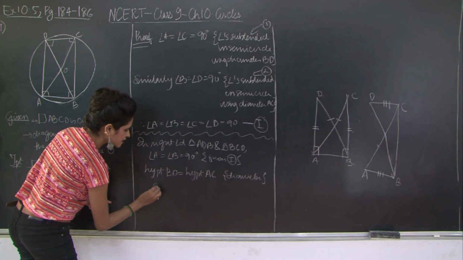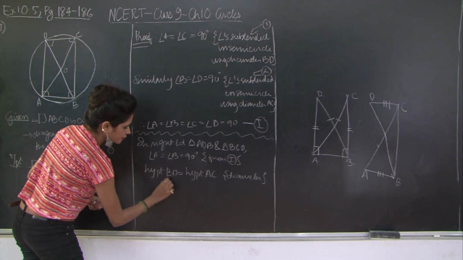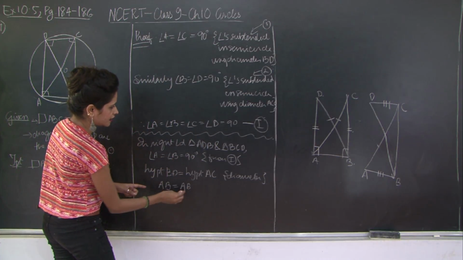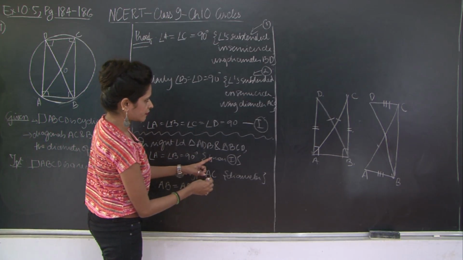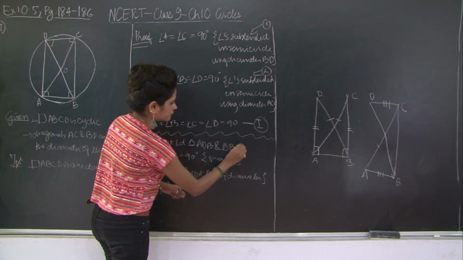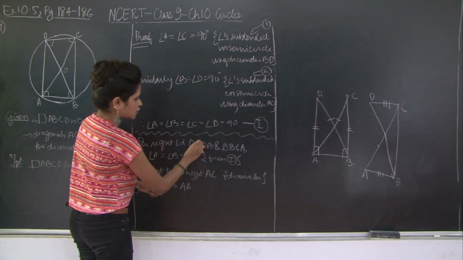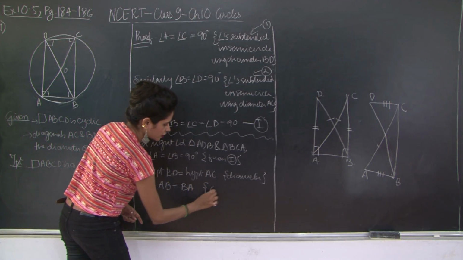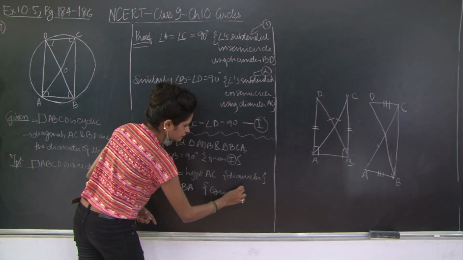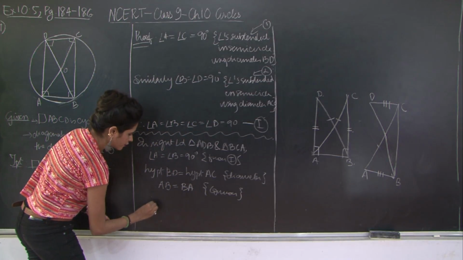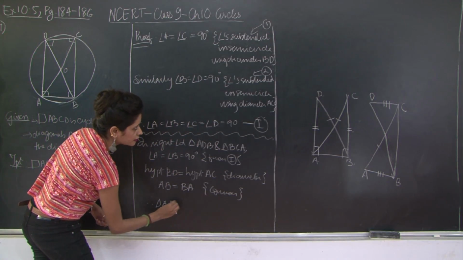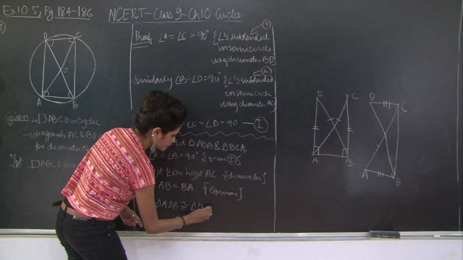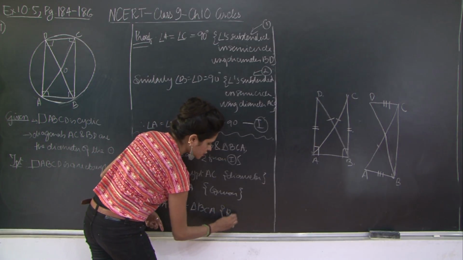And I have side AB is equal to side BA, they are the common side, correct? Therefore, triangle ADB is congruent to triangle BCA by RHS test of congruence.